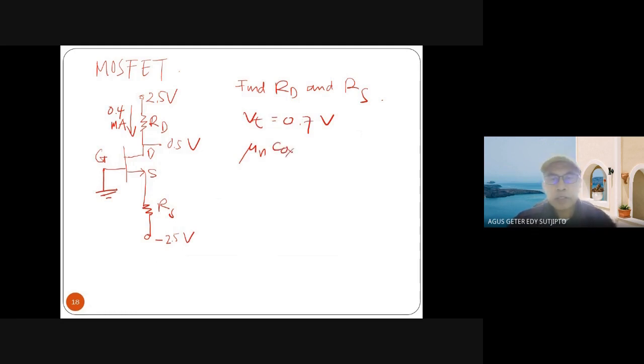And given that the threshold voltage is 0.74, and then mu n, mobility of electron, times Cox, the oxide capacitance, is 100 microampere per square volt.